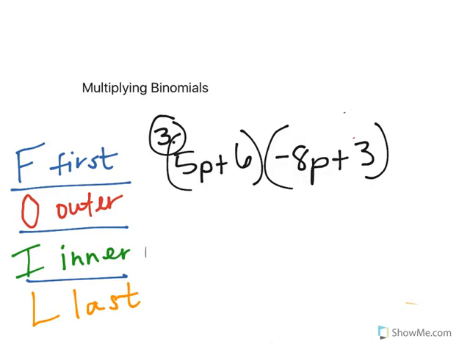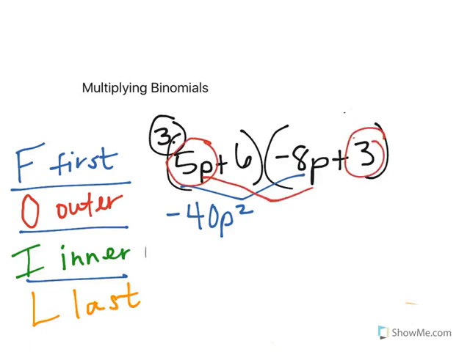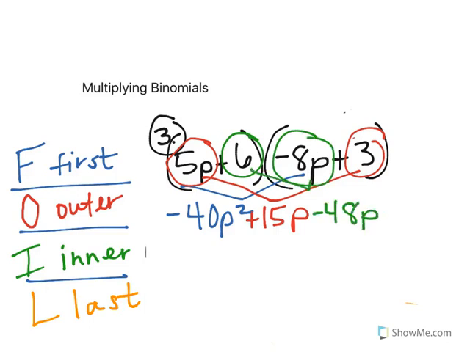Okay, next for number 3, I'm going to do my first, which would give me a negative 40p squared. I'm going to do the outer, and that's going to give me plus 15p, and the inner, 6 and negative 8p, is going to give me a negative 48p, and then the last terms, 6 and 3, is going to give me plus 18.